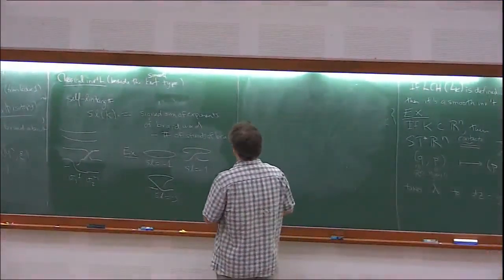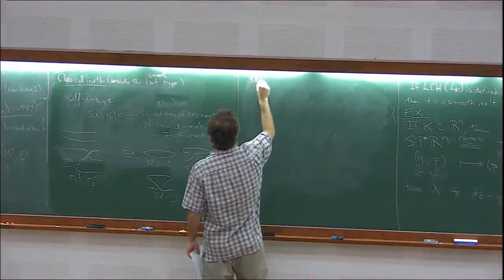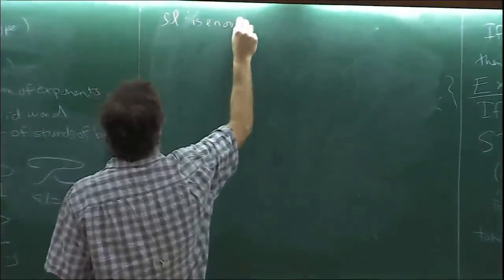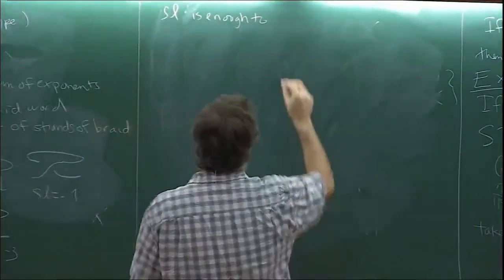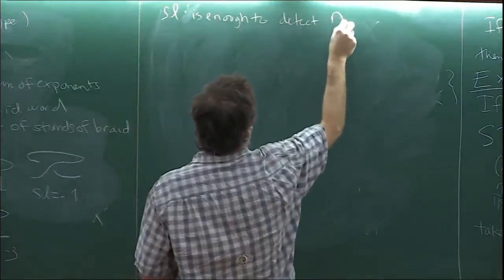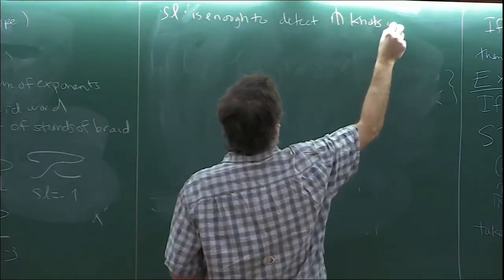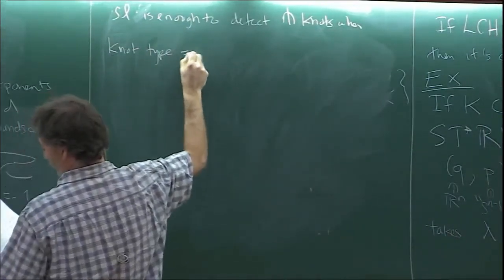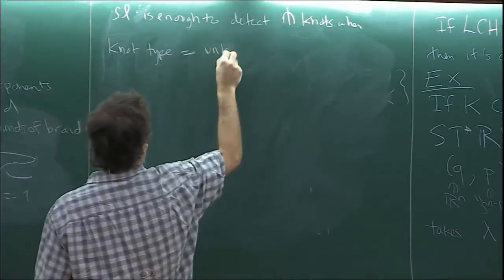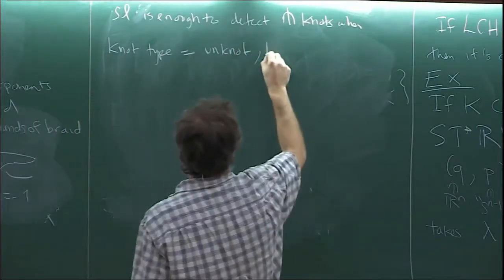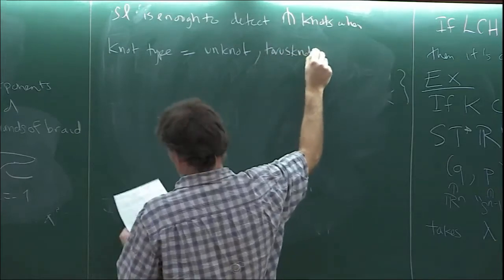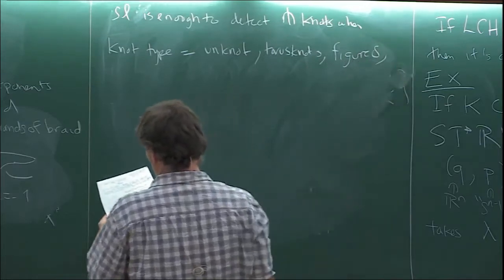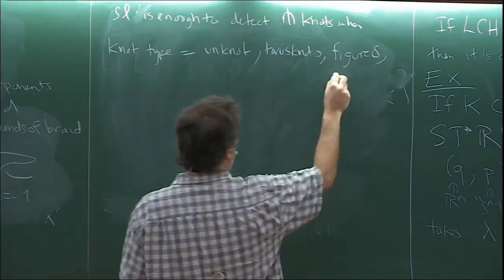The self-linking number is enough to detect transverse knots when the knot type is the unknot. This might be a little out of date, sorry, but if it is. The torus knots, figure 8, some twist knots.